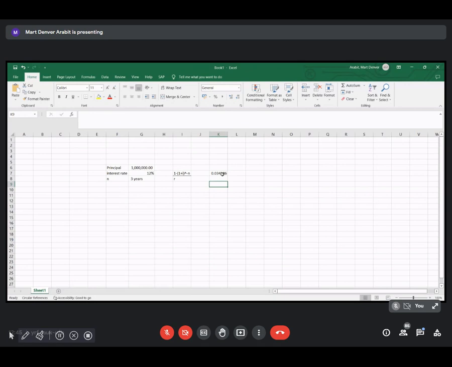No. May iba. Hindi. Hindi na ba yung tanda ako? Wait lang ah. 1 minus 1.